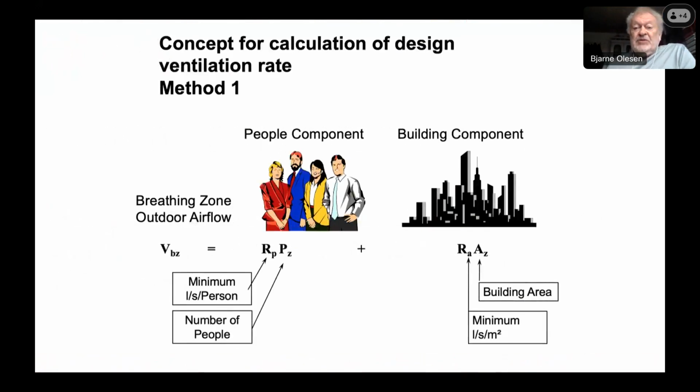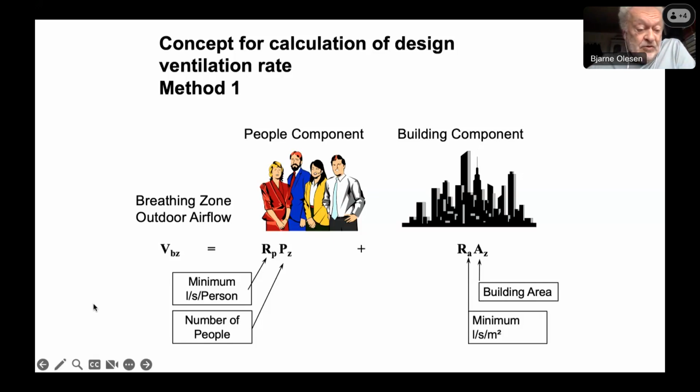So when we today are looking at how to establish design ventilation rate and how much you should ventilate, in both ISO and CEN, but also an ASHRAE standard, we look at how many people are in the space, and we have some data for how much you should ventilate per person.